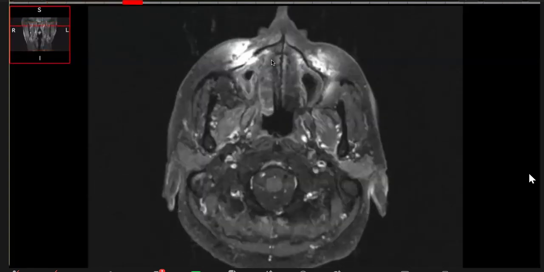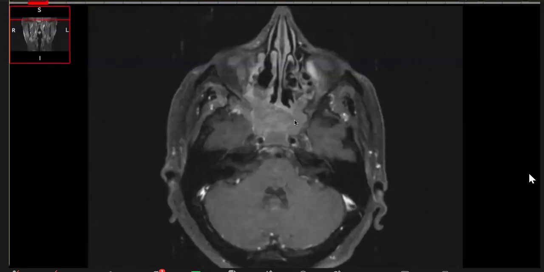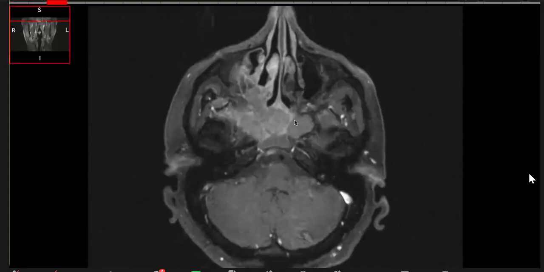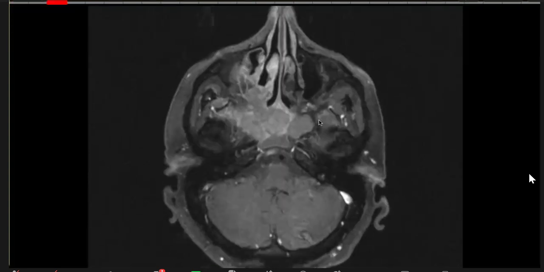By the way, this is just to make a point. This was the MR, a post contrast MR of that sphenoid sinus. So, just for your interest, I'm showing you. One key point to remember is that in head and neck radiology, you must remember your sequences. The key sequences in head and neck radiology are T1 and STIR.